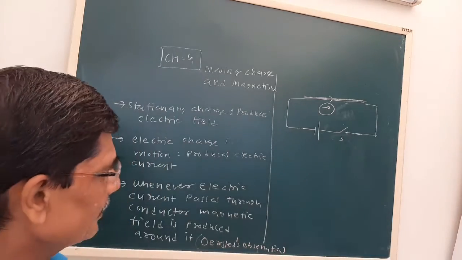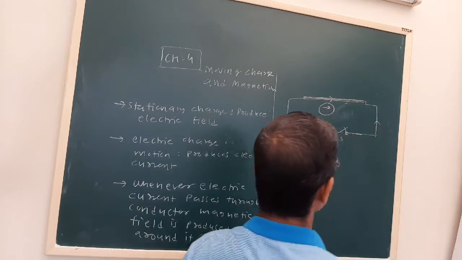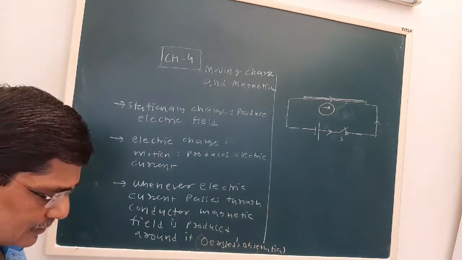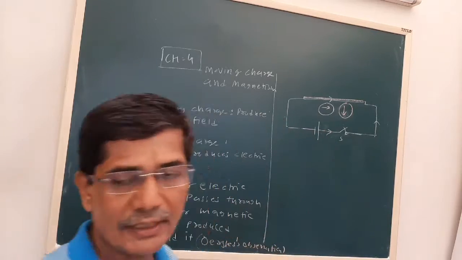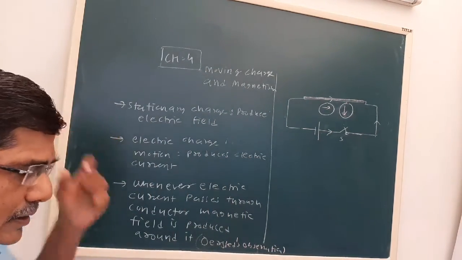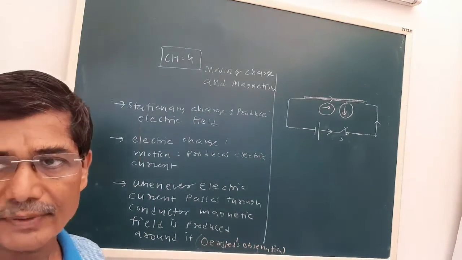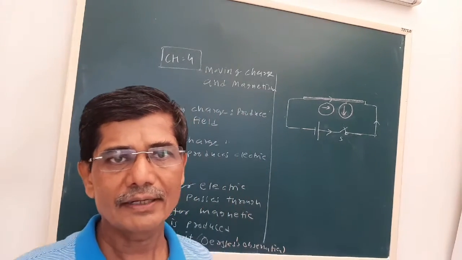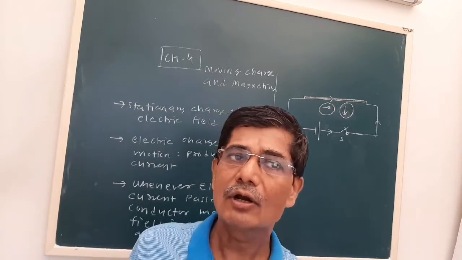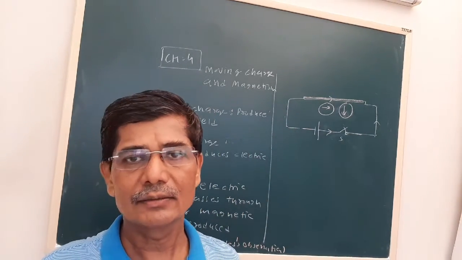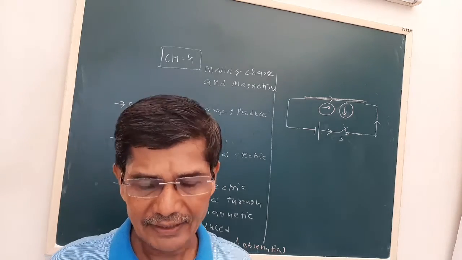When the switch is closed, the direction of the current is reversed, and the needle shows deflection in the opposite direction. This is nothing but Oersted's observation that whenever a current passes through a conductor, a magnetic field is produced around it. But this did not say anything regarding the magnitude or value of the magnetic field.